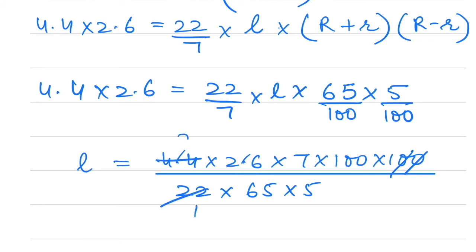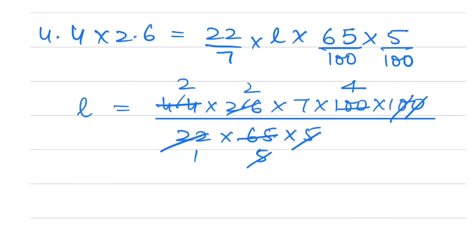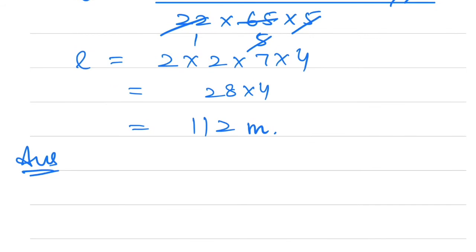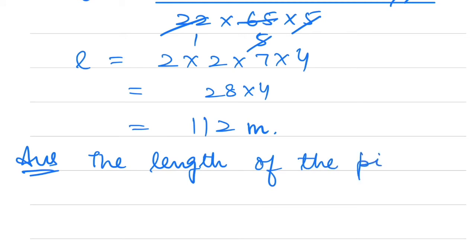Cancelling, the length is equal to 2 into 2 into 7 into 4. So we have 28 into 4, which is equal to 112 meters. Answer: the length of the pipe is 112 meter.